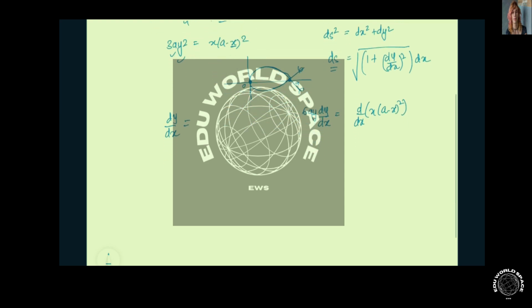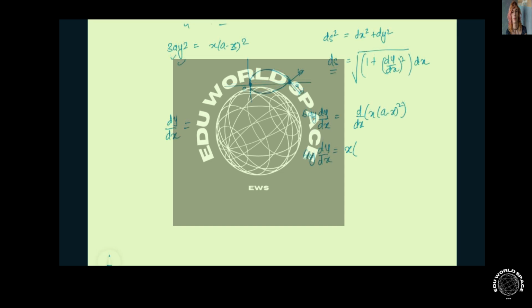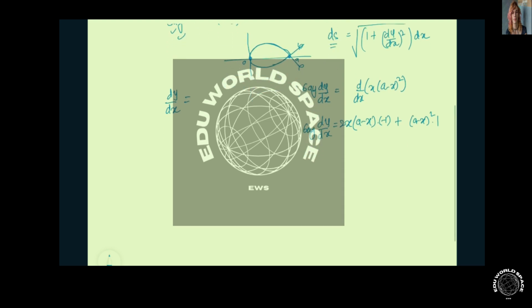On solving this, we get 6ay dy/dx = x times (a − x) times 2 times −1 plus (a − x)² times 1, right? So dy/dx = (−2x(a − x) + (a − x)²) over 6ay.